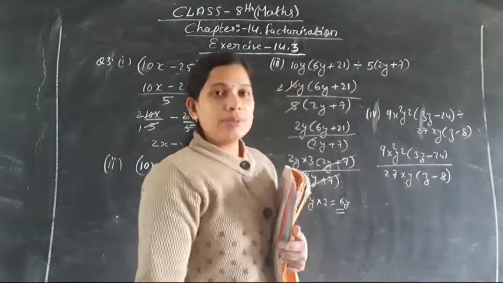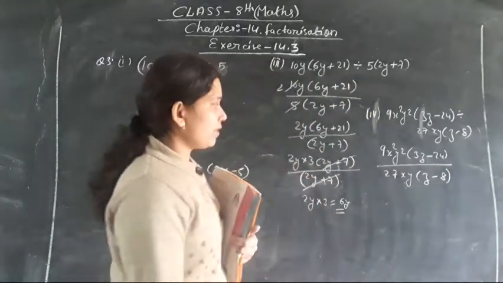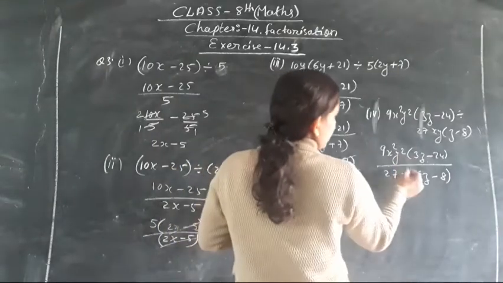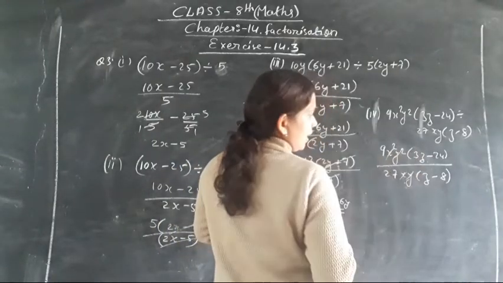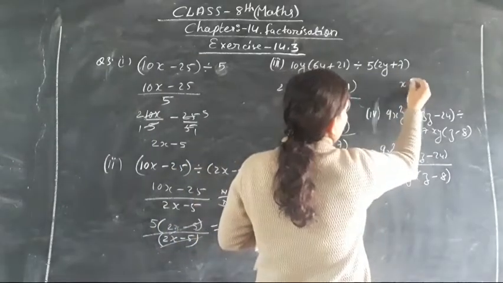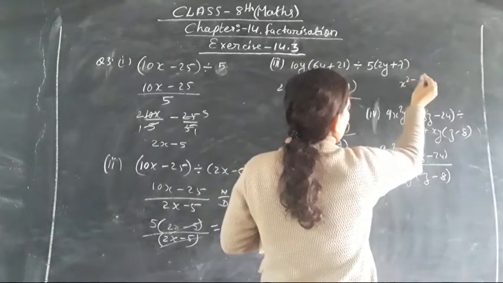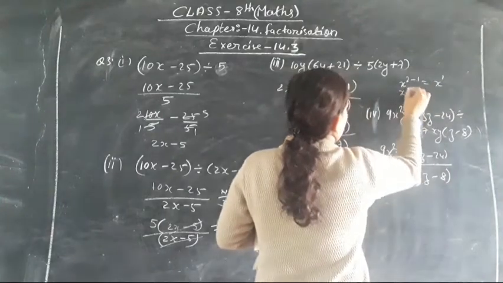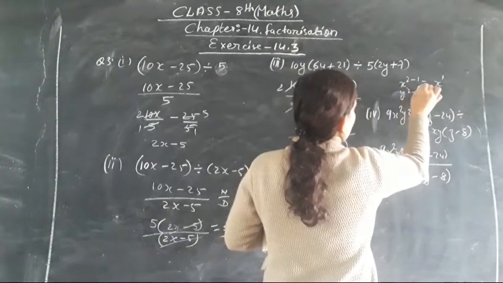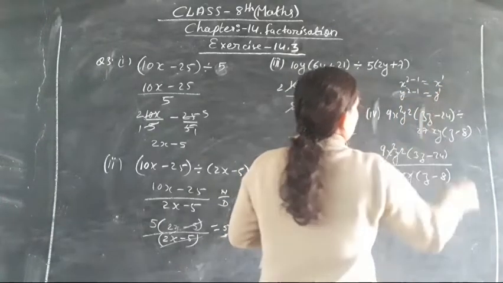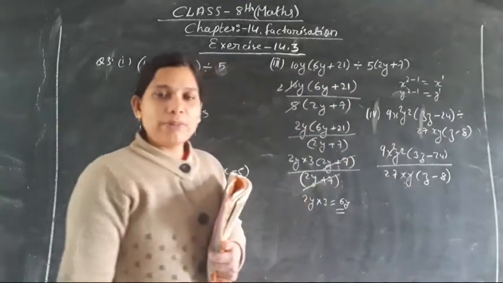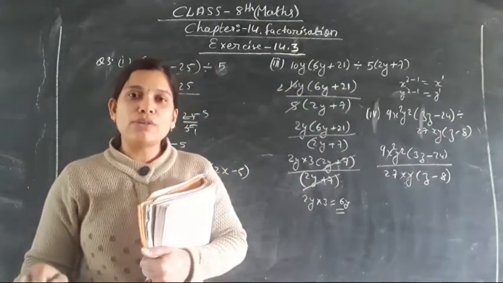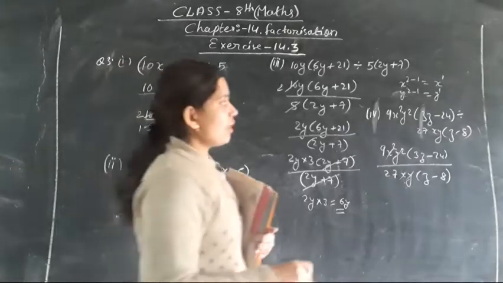We have written the term in the form of numerator upon denominator, isn't it? So first we are going to cancel this term, x will get cancelled. As we know the laws of exponents, when the bases are the same, the power will get subtracted. So here the power will get subtracted. X to the power 2 minus 1 will be x, y to the power 2 minus 1 will be y. So we are having xy.